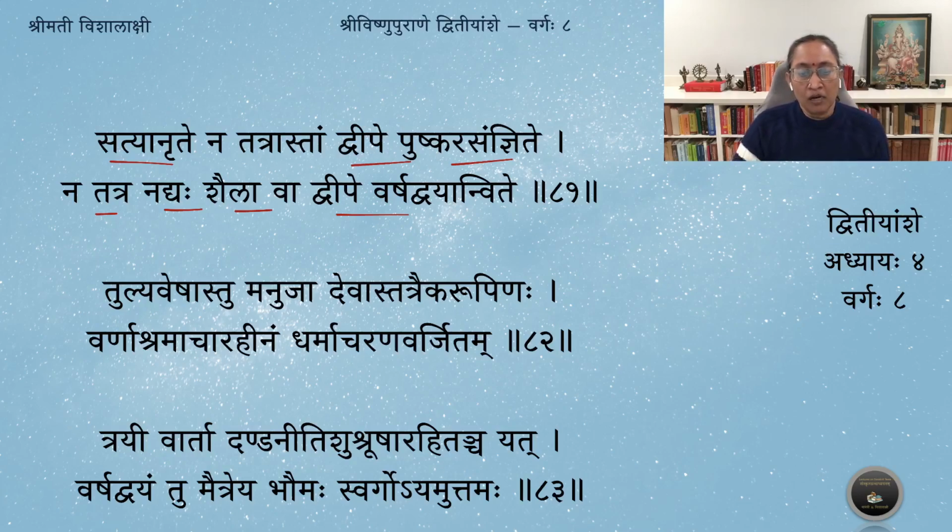Ayam bhaumaha swargaha uttamaha vartate hai maitreya. This varshadvayam, this dvipam which has two regions, is uttamaha. It is the best, and it is also like a swarga on bhumi. Bhaumaha swargaha. Swargaha bhumau eva swargaha yadi vidyate tarhi evameva bhavitavyam iti.